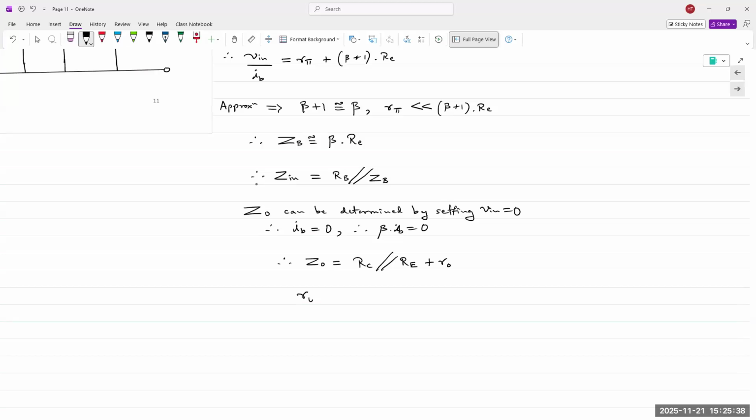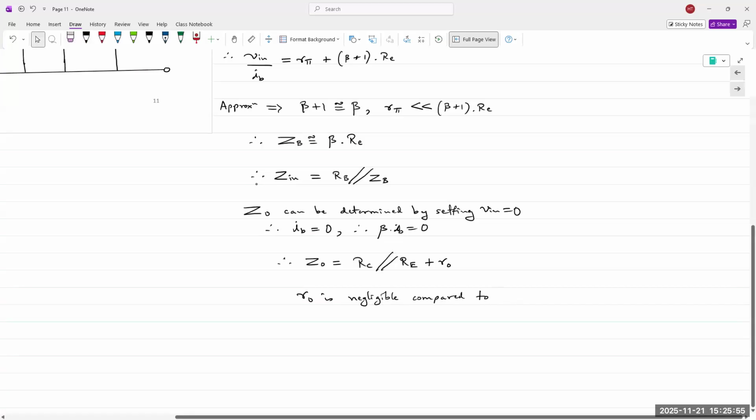Once again, RO is far smaller than RE, so it's negligible compared to RE. Therefore, ZO is approximately equal to RC parallel RE.